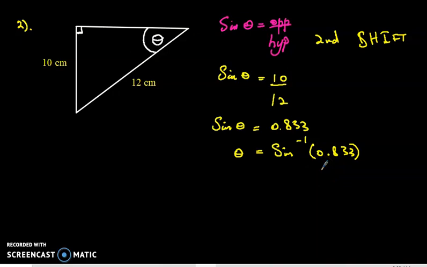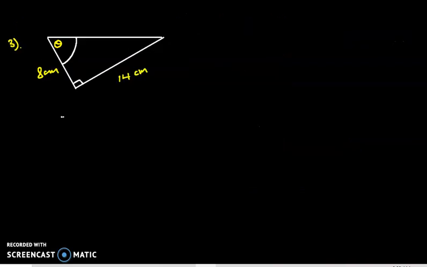You can put 0.833 in brackets, and that will give us an angle of 56.4 degrees. So this angle right here is 56.4 degrees.